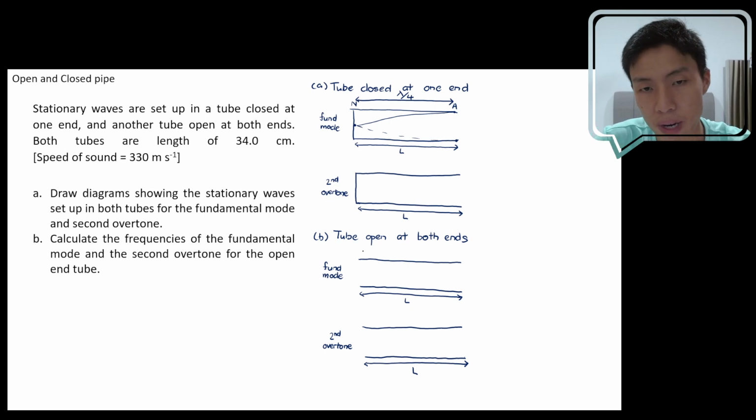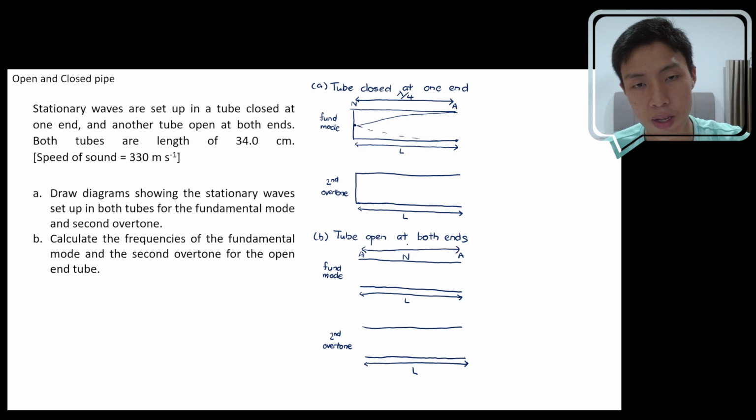Let's do it for the open pipe. For an open pipe, at both ends particles are free to move, so both ends should be antinodes. Antinodes cannot stay side by side. We need to put in a node in between to make it logical. So this will be the arrangement for an open pipe. We know that the distance between A and the next A will be lambda over 2, so this one can be labelled as lambda over 2.